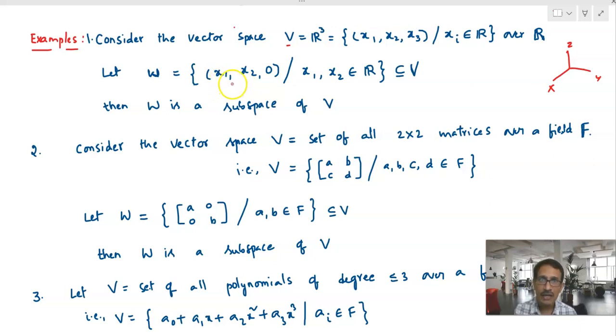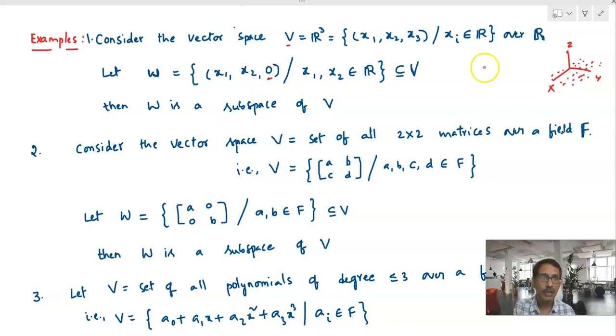For example, you take the X, Y, Z space as V, and now what I am considering is that the third dimension is 0. That means this part of the space is actually a plane, which you can assume as the XY plane. This is the geometrical meaning. If you make the third coordinate 0 everywhere, you consider all those points.